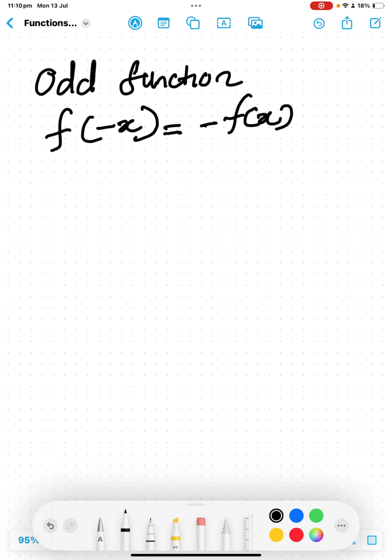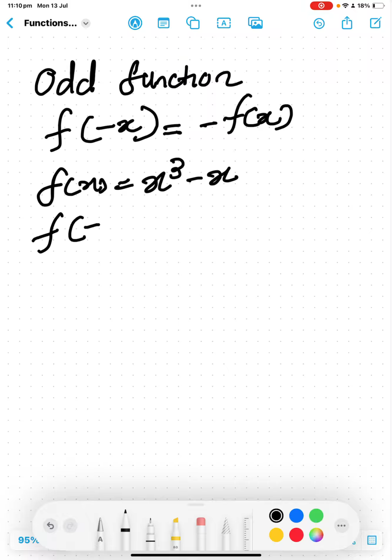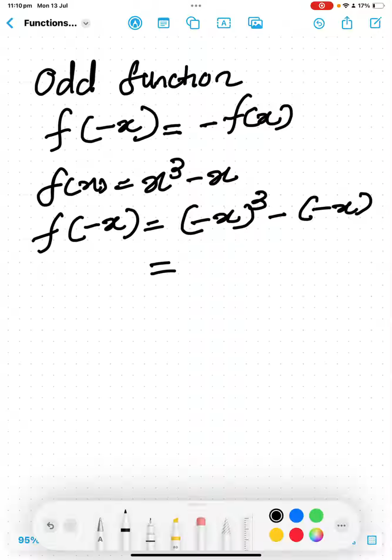For example, let's say f(x) is x cubed minus x. What happens if I put negative x in place of x? That would be f(-x), that would be (-x) to the power of 3 minus (-x). So that would be -x cubed plus x.